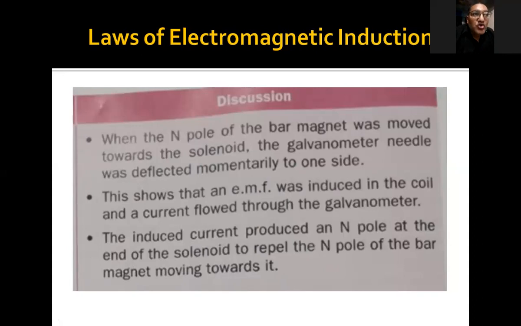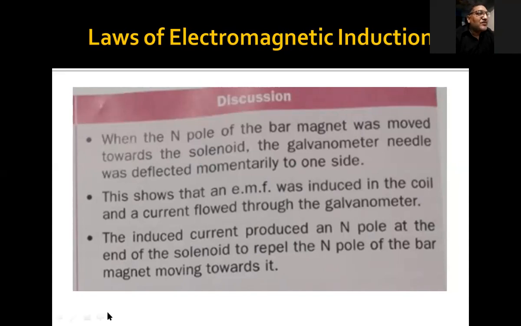This shows that an EMF was induced in the coil and a current flowed through the galvanometer. The induced current produced a north pole at the end of the solenoid to repel the north pole of the bar magnet moving towards it. I hope that you have understood.